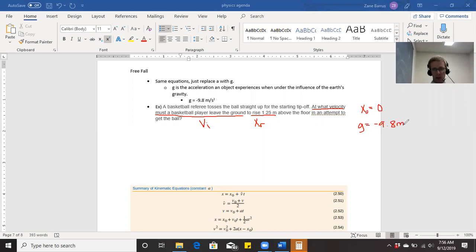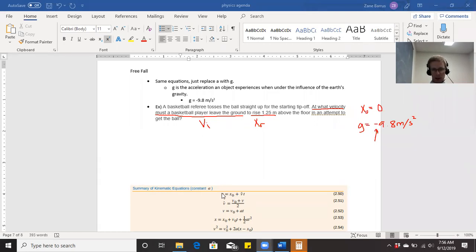Now, one thing I forgot to mention when we were introducing g to you: the reason why it's negative here is because gravity pulls things downward. So in this problem, because gravity is pulling the player down, we're going to make that negative 9.8 meters per second squared.